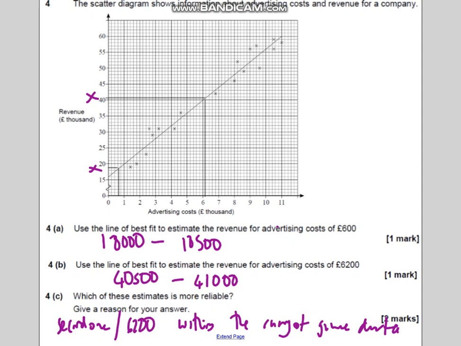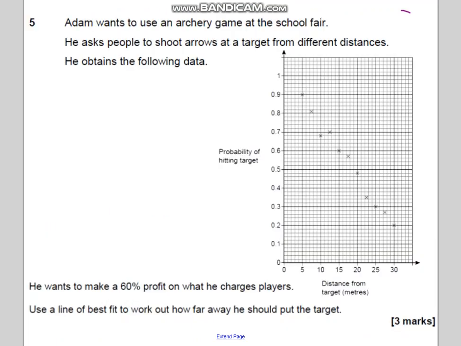For the first one, the smallest amount of spending on advertising is sitting down here at about 1,400. On no occasion did this company spend less than £1,000 on advertising, so it's difficult to draw conclusions for that. Whereas the second one, 6,200, is slap bang in the middle of what they would normally do, so that's a fair conclusion to draw.